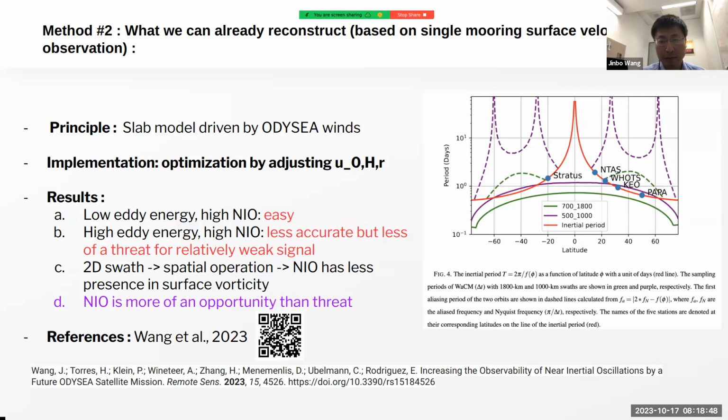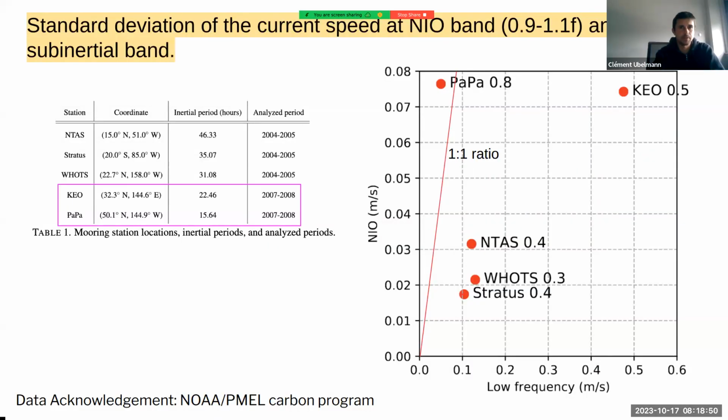The next slide, Clément. Yeah. So these are the 5 moorings we took a look at, and as you can see, 20 to 60 degrees is where the potential aliasing happens. So we focus on these 2 typical moorings: the Kuroshio extension region, and station Papa.